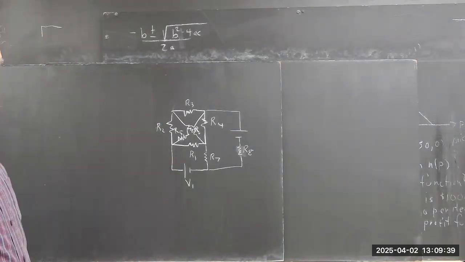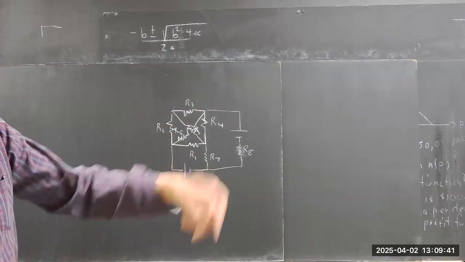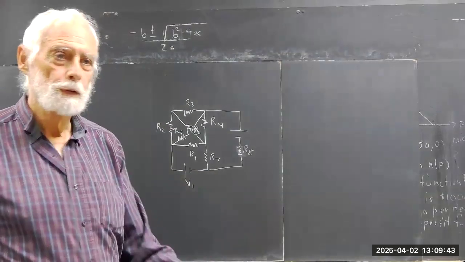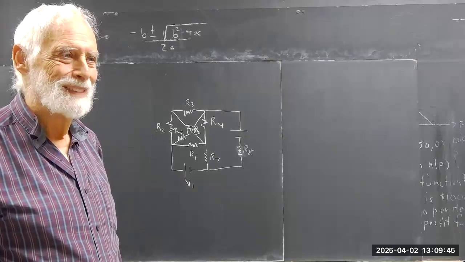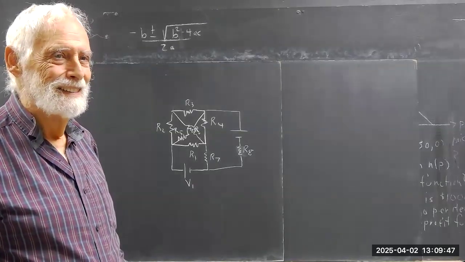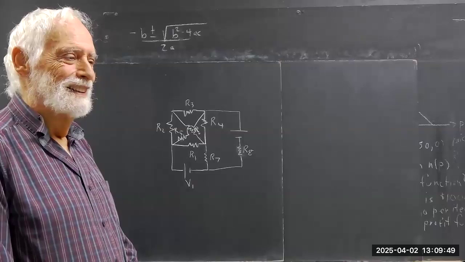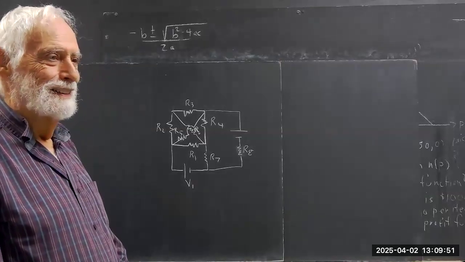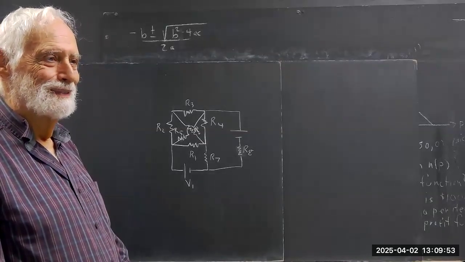Now, if I tell you what all those resistors are and those voltages, you're going to be able to figure out how much current's flowing through each resistor, right? Well, it isn't as hard as you think it is.